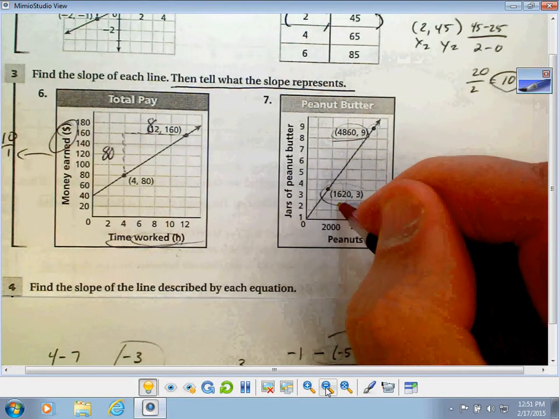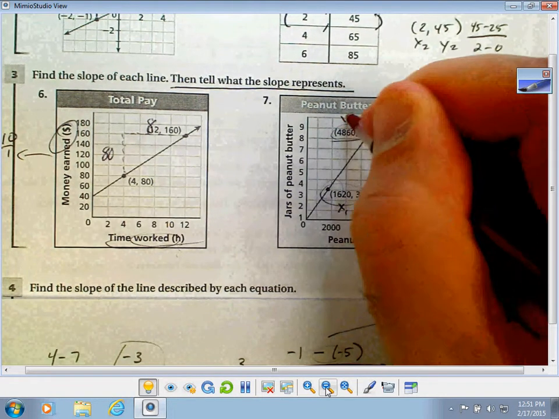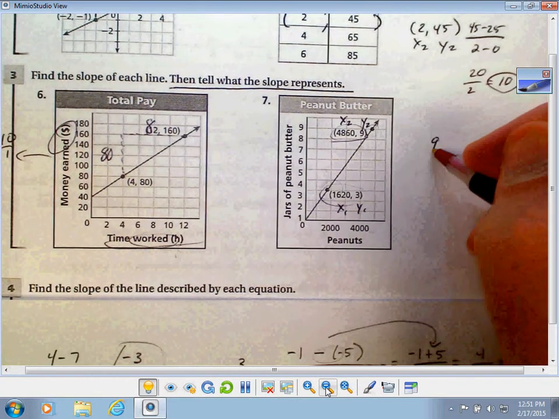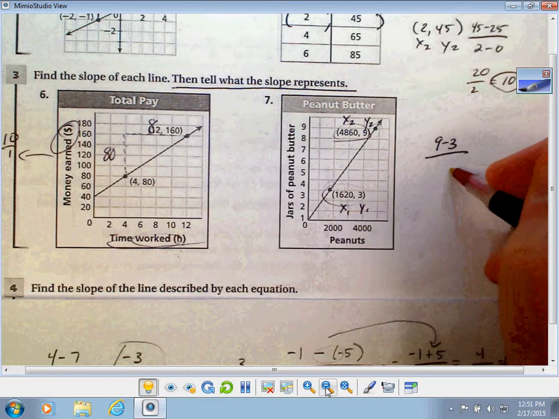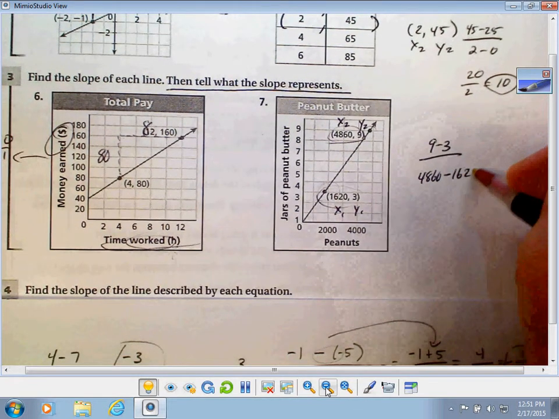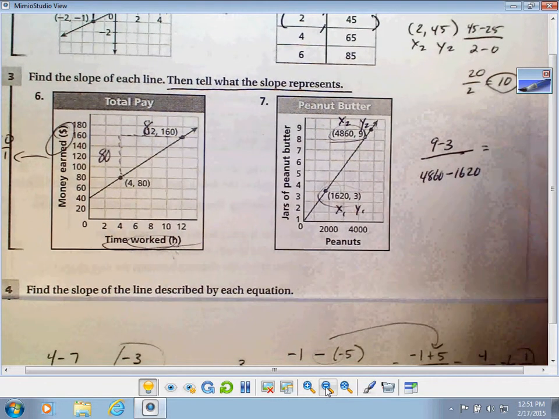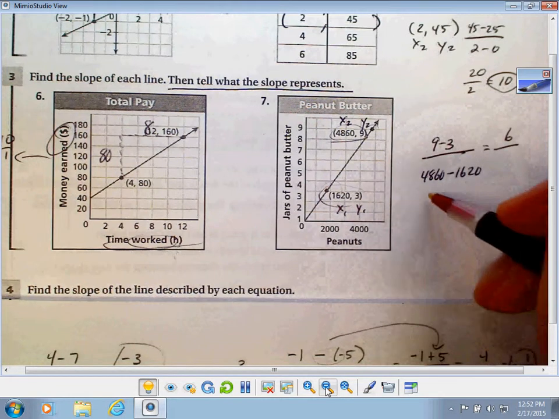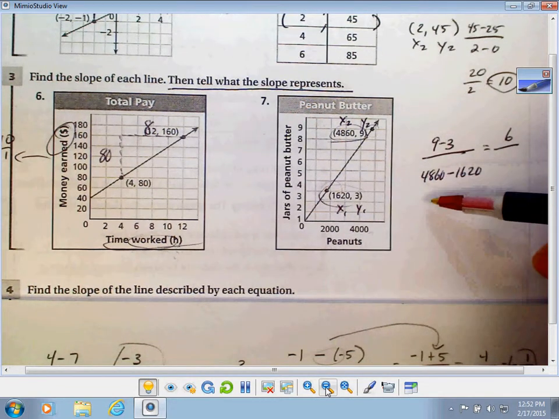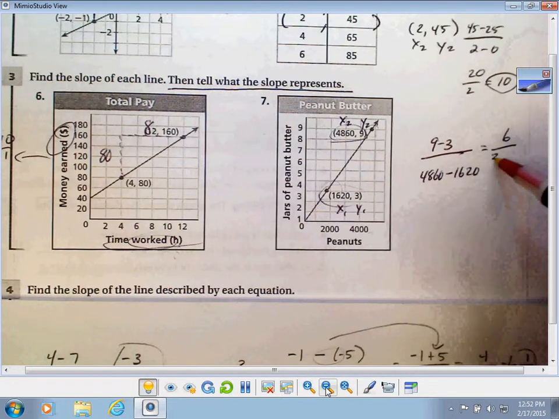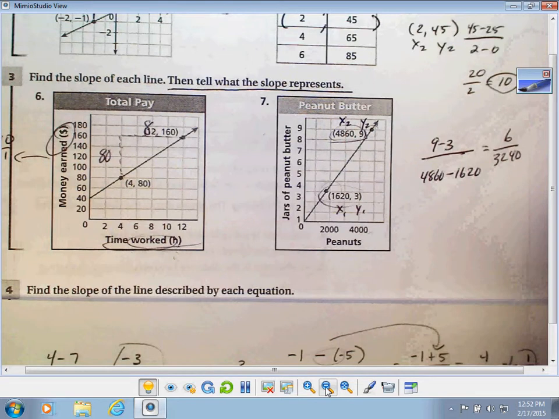So if we call this x1 and y1, and this one x2 and y2, it would be 9 minus 3 on the top over 4860 minus 1620 on the bottom. And so this is going to be 6, and on the bottom this is, well, 3,240. So we probably want to reduce that if we can.